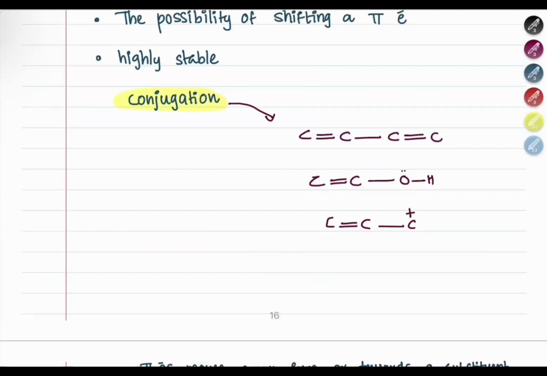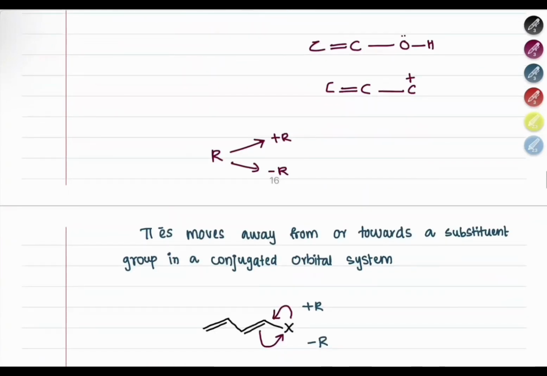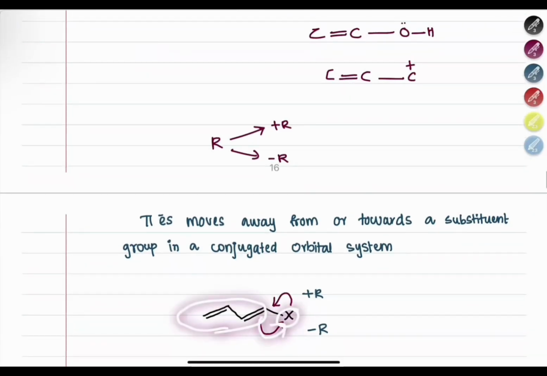Okay. Now, like the inductive effect, which is of two types, plus I and minus I, the resonance effect is also of two types, plus R and minus R. If the pi electrons are moving away from our carbon chain, it will have a minus R effect. It is the same as the inductive effect.